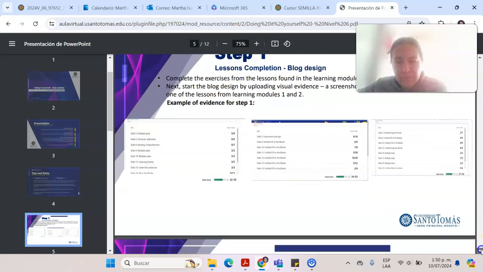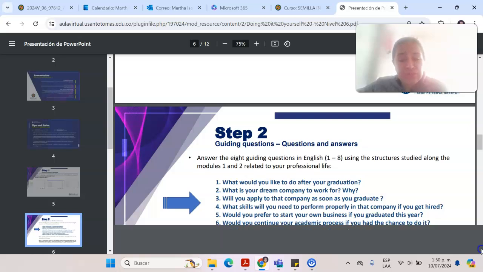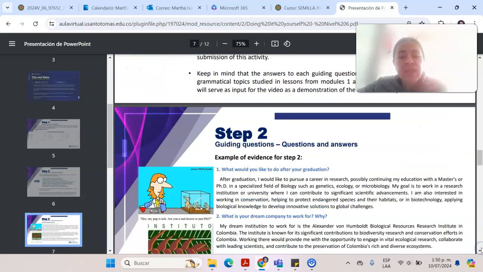Okay, let's continue with step number 2. In step number 2 we have 8 questions, and you need to answer all the questions. There are 8 questions, so you need to have 8 answers. Okay, that is about your professional life. In step number 2, you also need to include the questions and answers.